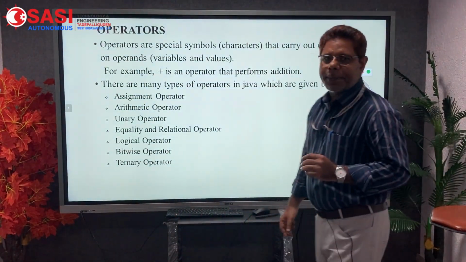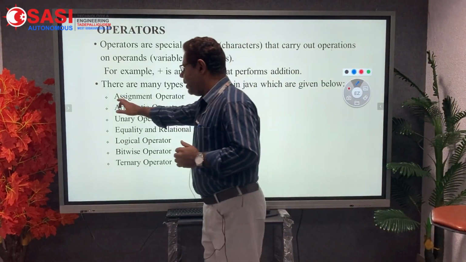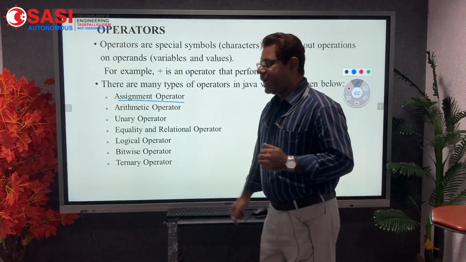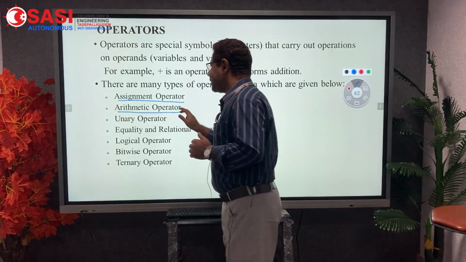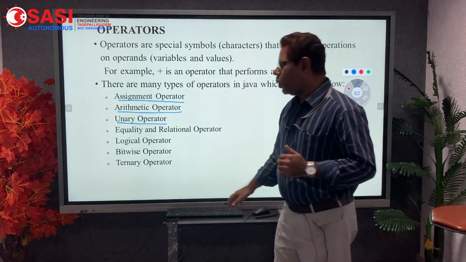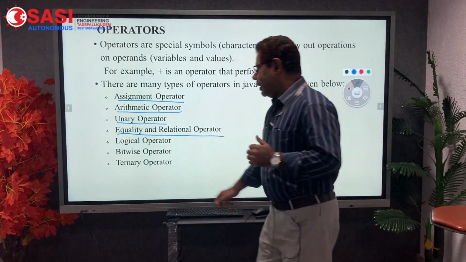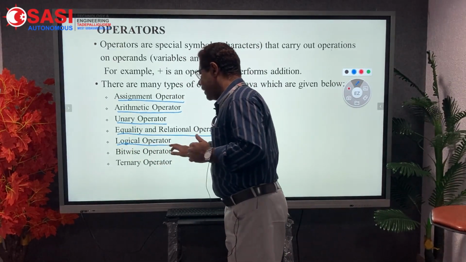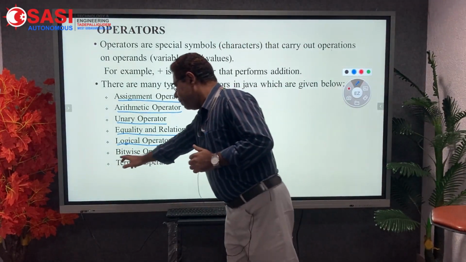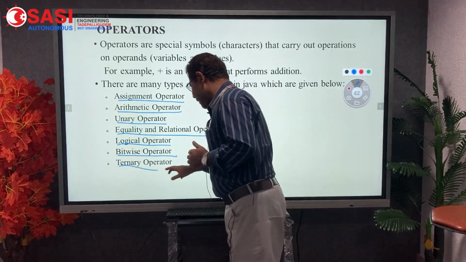What are the operators we have in Java? First one, assignment operator. The second one, arithmetic operators. Third one, unary operators. Fourth one, equality and relational operators. Next one, logical operators. The next one, bitwise operators, and the last one, ternary operators.